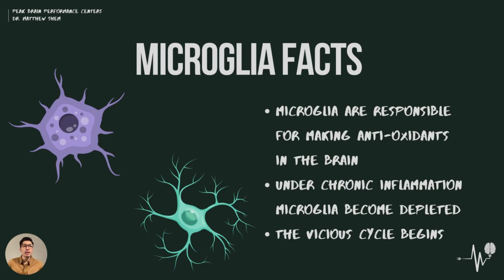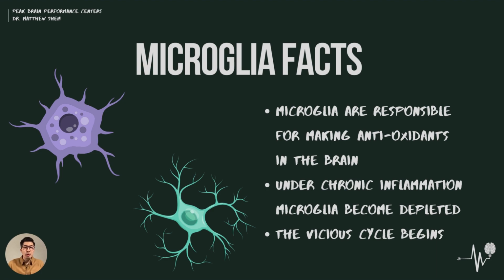And then another thing I want to talk about is in regards to the microglia. When you have all this inflammation in your brain, our brains don't really have a really good antioxidant system, meaning a system that can go and modulate and dampen down this inflammatory aspect on its own. And really, these microglia that we talked about before are responsible for making antioxidants in the brain.